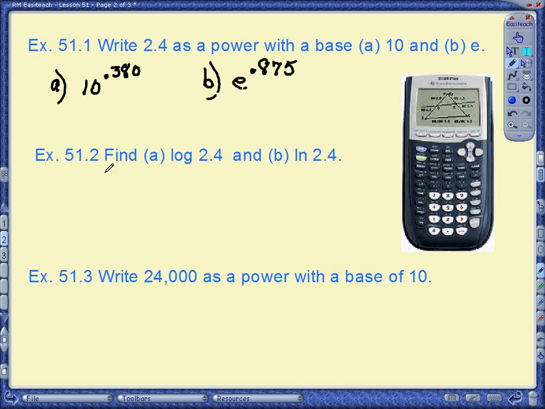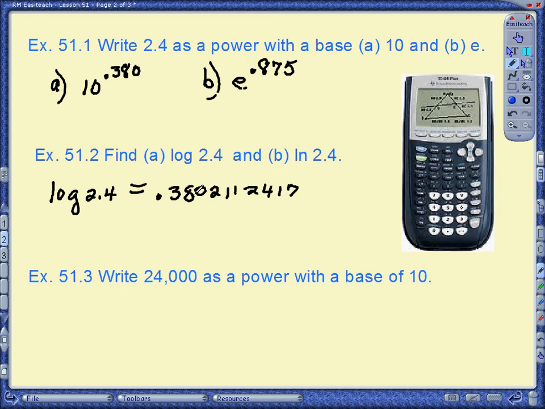Okay, we want to find the log of 2.4. The log of 2.4 is just what we just did. We hit our log key and we put in 2.4 and enter, and we get 0.380.